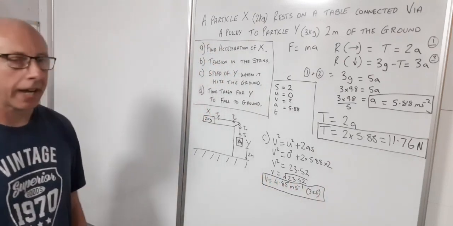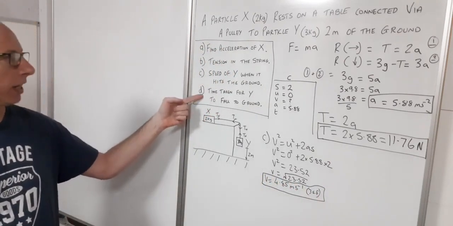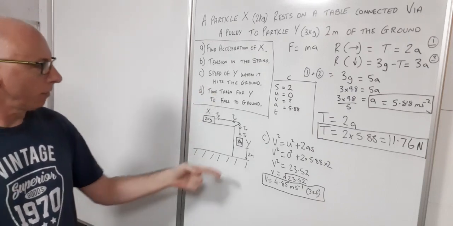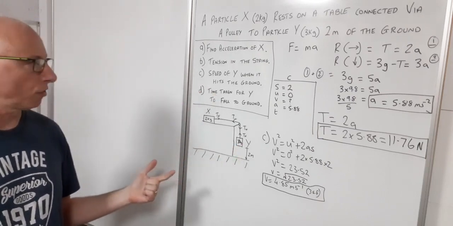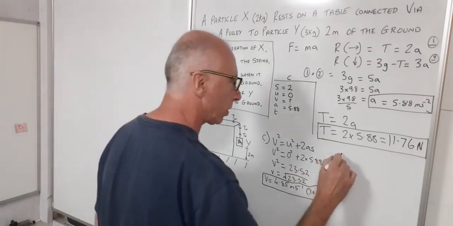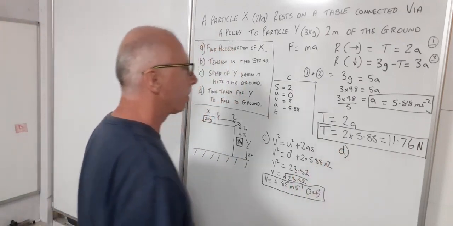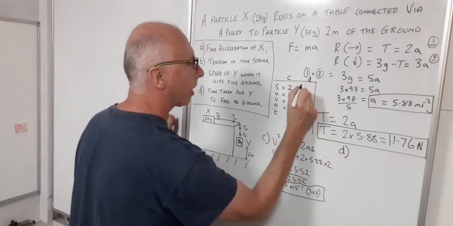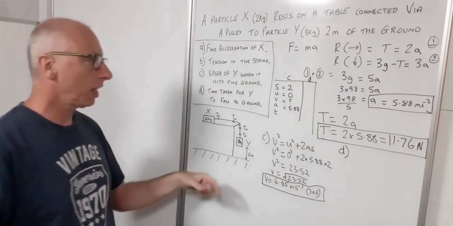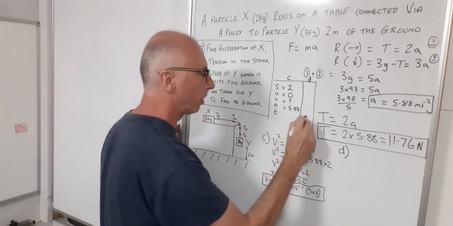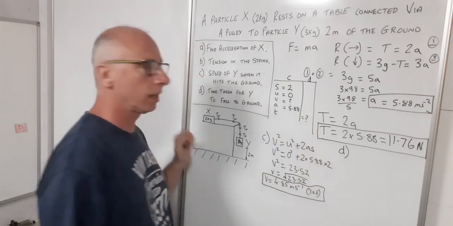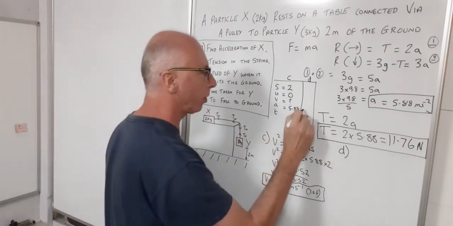Okay, now all that's left now is to find part D. How long does it take from here to here as the particle is released? So let's have a look at D. So let's put my ones in here for D. So for D, time is what I'm looking for. So that's what I need. I know acceleration, which is 5.88.